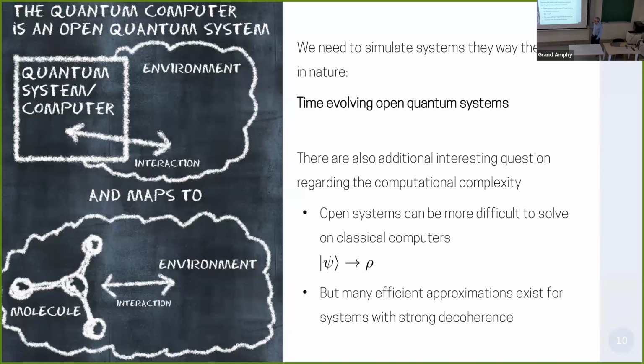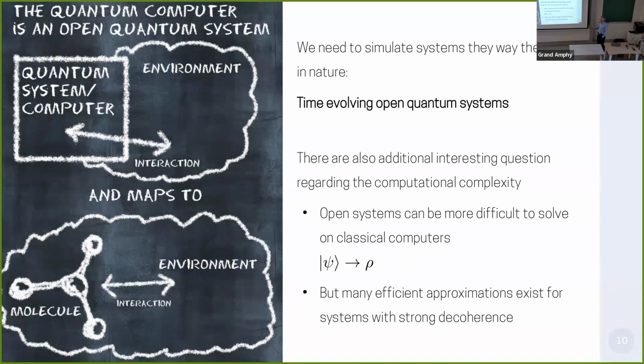There's an additional interesting fact. If you think about how powerful your quantum computer is, you could conclude that if you treat it as an open quantum system, it's more powerful. This is because solving open systems on a classical computer is more difficult than closed systems.